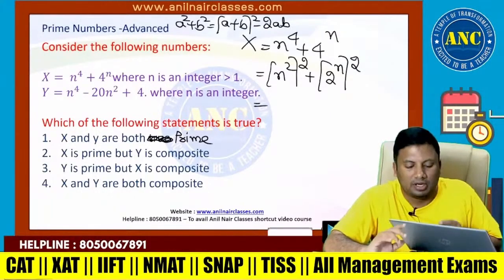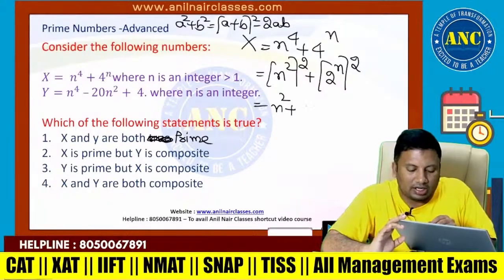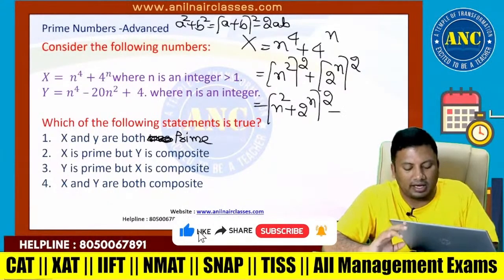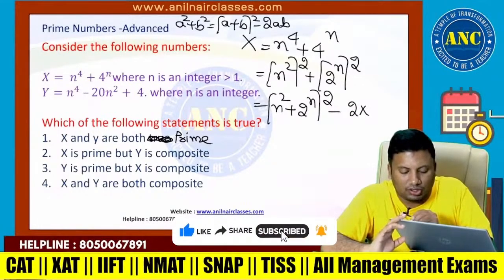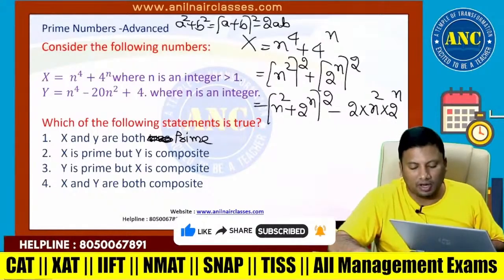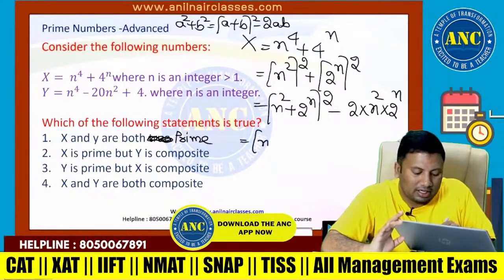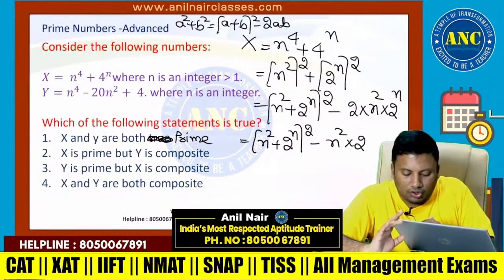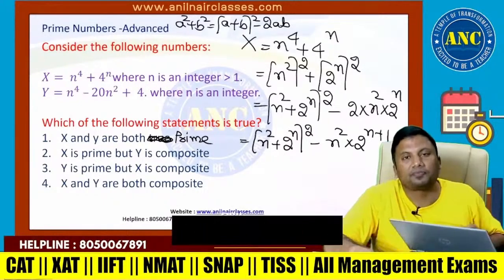Are you all with me? So this is nothing but (n square plus 2 power n) whole square minus 2ab, that is 2 into n square into 2 power n. Are you all with me? This is nothing but (n square plus 2 power n) whole square minus n square into 2 power (n plus 1).